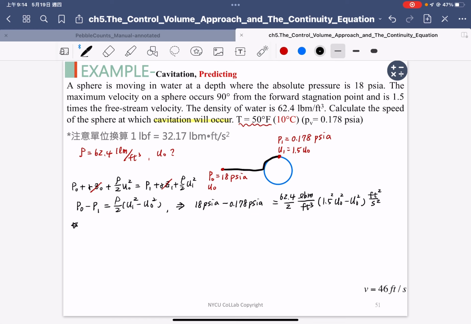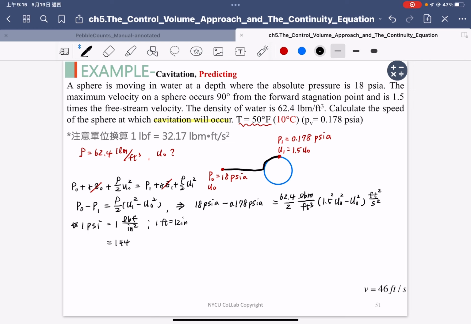We know that 1 psi is equal to 1 pound force divided by inch squared. And 1 foot equals 12 inches, so we can convert inch squared to foot squared, which will be 144.